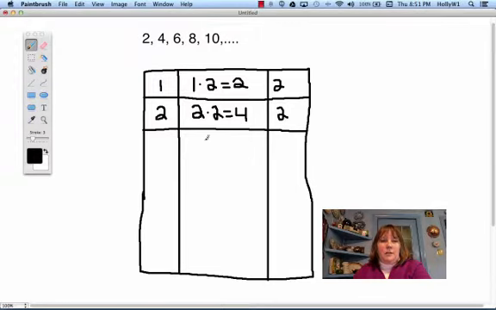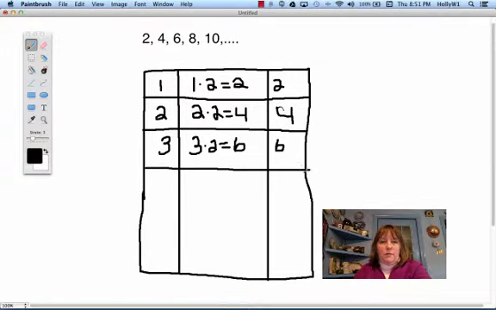To find the third term, we take the 3 and we multiply it by 2 to get 6. Oh, wait. Clearly I messed up. This was supposed to be 4.